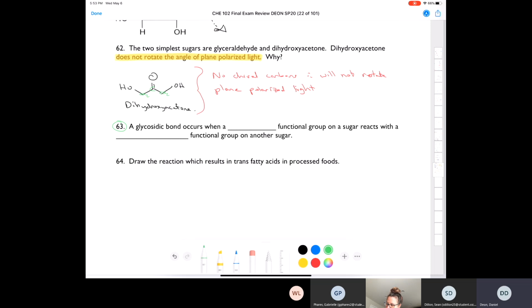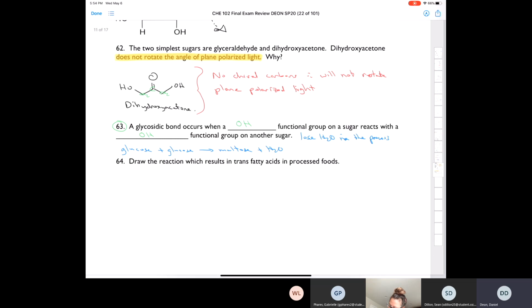Well, I'm not going to spend a lot of time on this, but it's when the hydroxyl, or the OH, of one sugar reacts with another hydroxyl, and you end up losing water, right? You lose H2O in the process. Now, we went over this in detail, but if you want to take another look, you could take something like glucose plus glucose, and you could verify that you form maltose plus you lose water in that process.